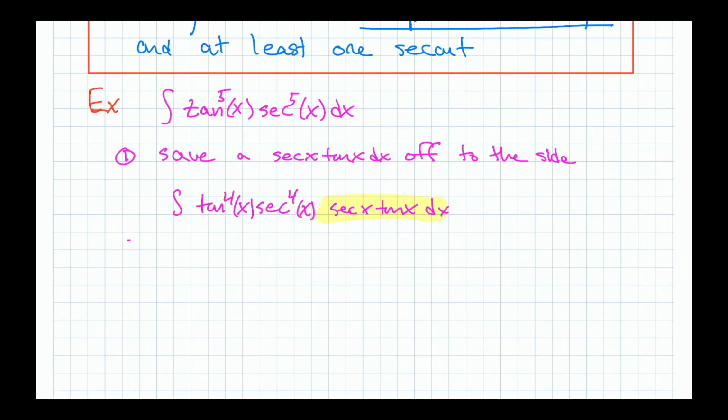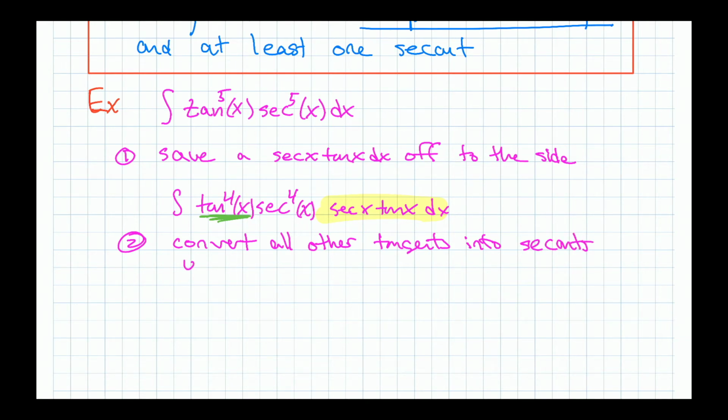Now, after we do that, that's the du for secant. That means everything needs to be a secant. So if everything needs to be a secant, then we can't have this. We need only secants. So you need to convert all other tangents into secants using the identity.